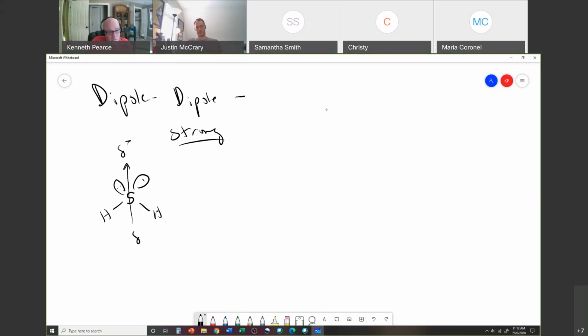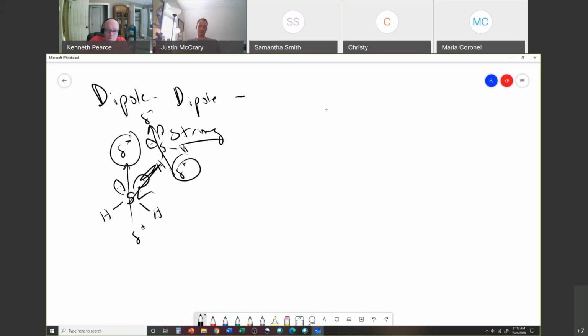Partial negative on that end, partial positive on that end. It is a polar molecule. And so it will tend to line up with other molecules, and it will tend to line up head to tail, just like this. There you go, head to tail. And it's strong. It is strong. And so that makes a difference.